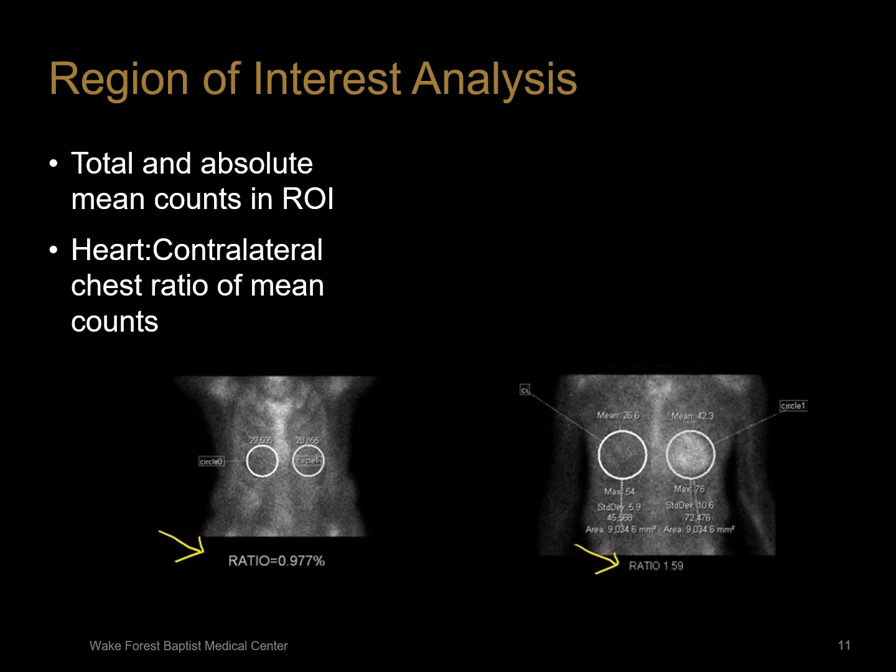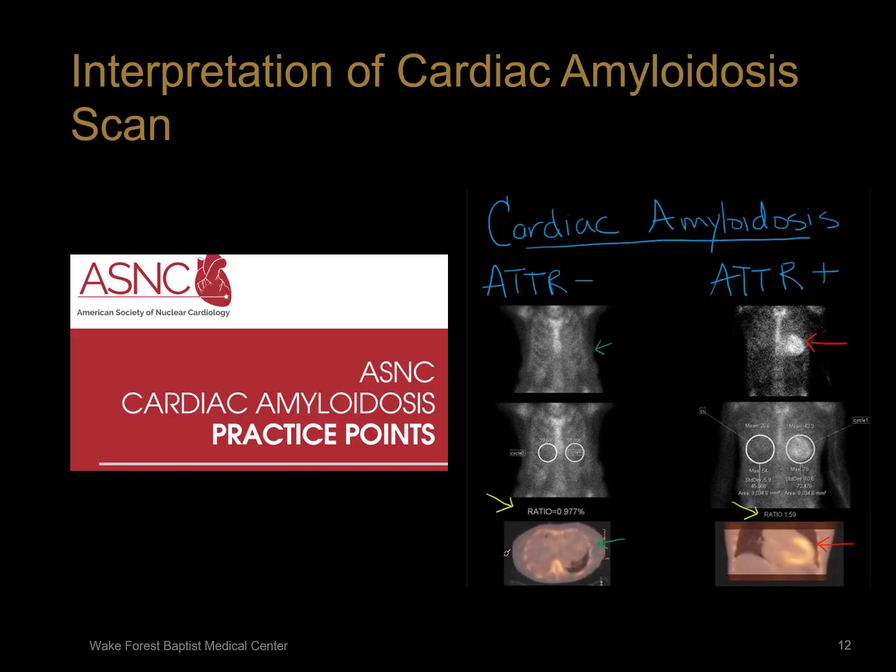Total and absolute mean counts are obtained for the region of interest, and then the ratio is calculated from these counts. Here you can see a positive scan for transthyretin amyloidosis, and the ratio is 1.59. Here you can see a negative scan for transthyretin amyloidosis, and the ratio is less than 1.